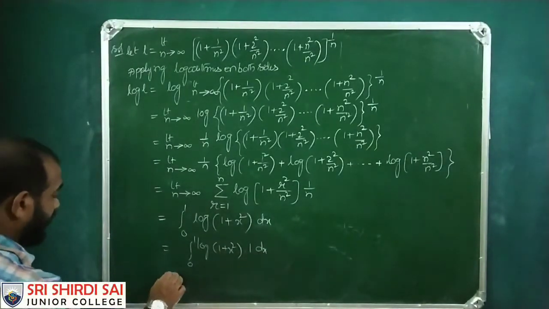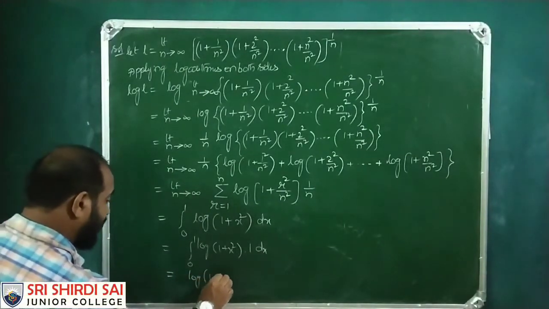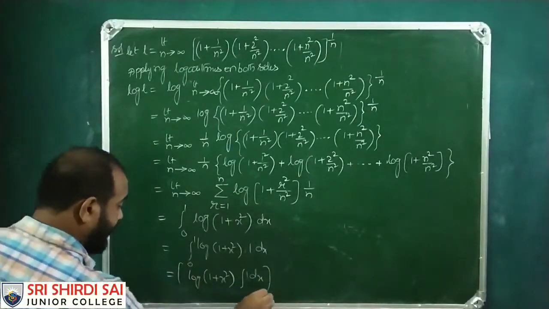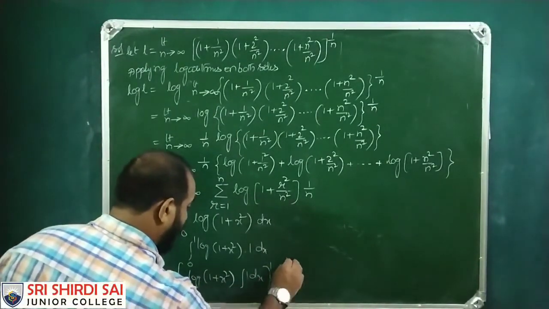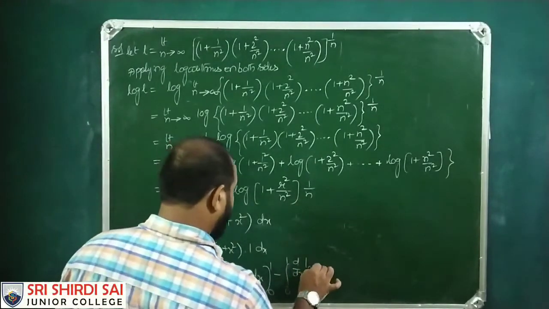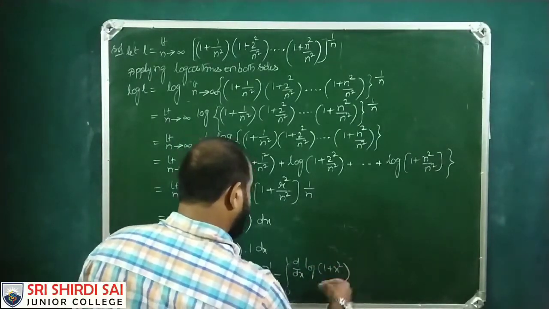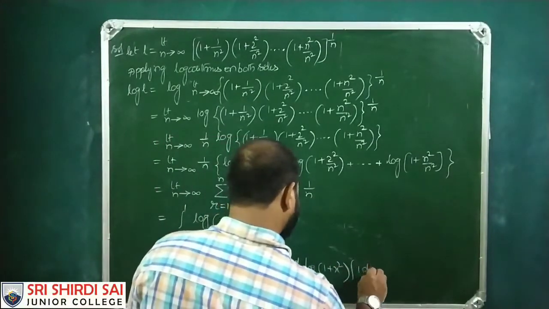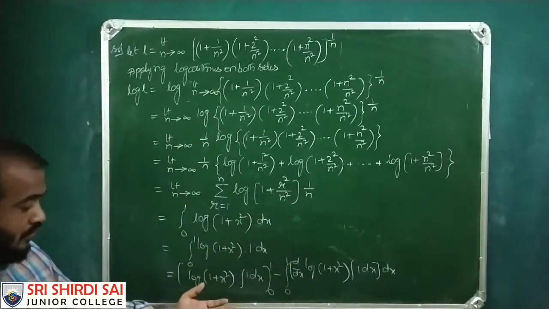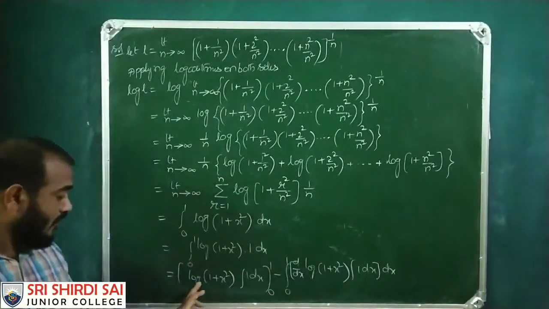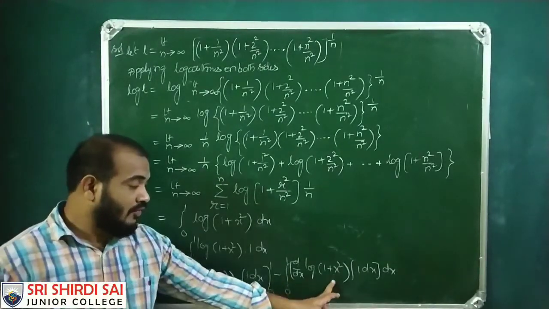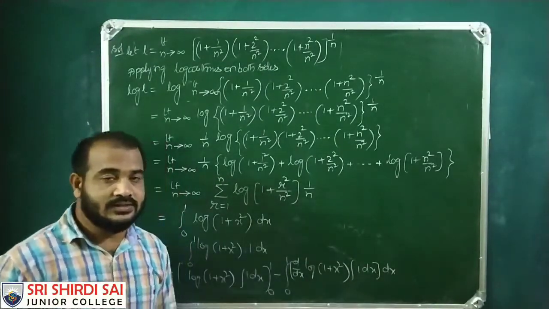Using integration by parts: first function into the integral of the second function dx from 0 to 1, minus the integral from 0 to 1 of d by dx of the first function into the integral of the second function, whole dx. That is, f(x) ∫g(x)dx minus ∫ (d/dx f(x) ∫g(x)dx) dx.